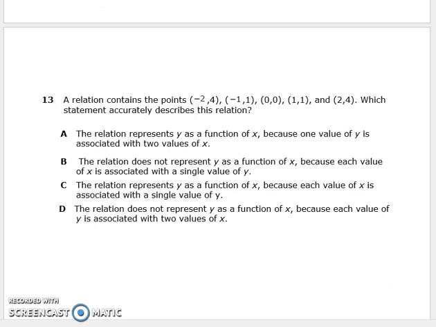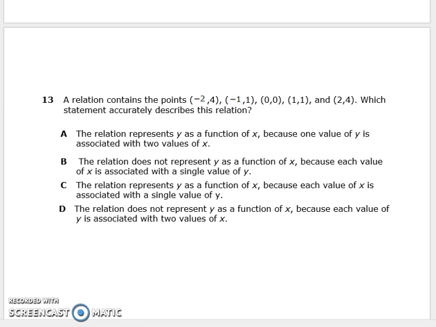Number 13. A relation contains the points (-2, 4), (-1, 1), (0, 0), (1, 1), and (2, 4). Which statement accurately describes this relation? A. The relation represents y as a function of x because one value of y is associated with two values of x.